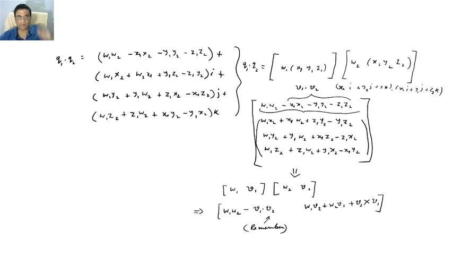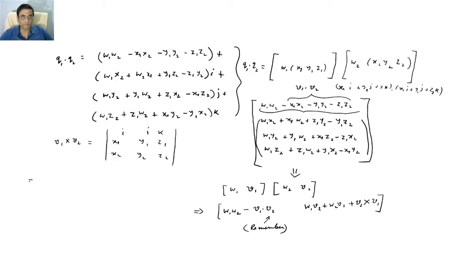Cross product, how to calculate cross product, so V1 cross V2, as you know, just a recapitulation: i j k, you have x1 y1 z1, x2 y2 z2.